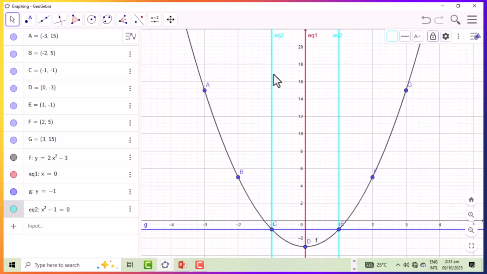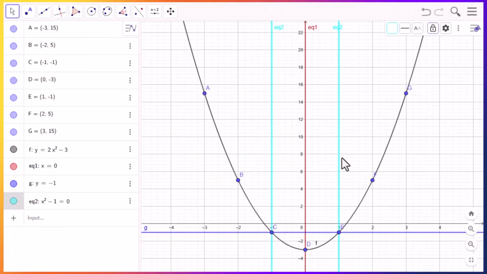There are these two lines, and they are intersecting the x-axis at -1 and 1, and we could see that these two lines are passing through the meeting points of y equals -1 and the curve. So these values are the x values, which are -1 and then 1, and the graph has been used to prove the roots of this equation.